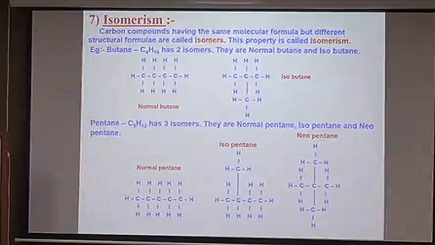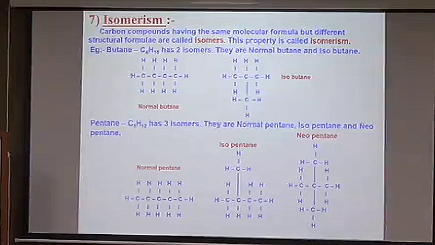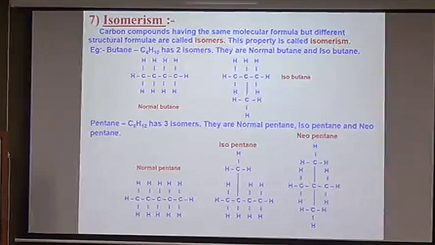Again here it will be CH3, CH3, CH3, and there will be one H with the middle carbon. Again you can see the molecular formula of both the compounds is the same, that is C4H10, but their structural formulae are different. Such compounds we call isomers. So I have drawn the 2 isomers of butane. This is called normal butane, and this is called isobutane.